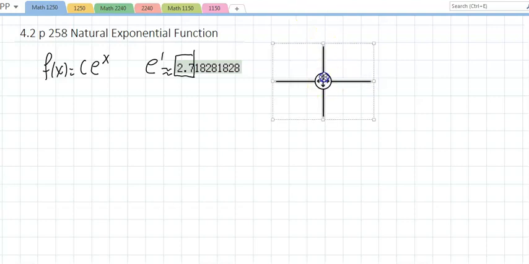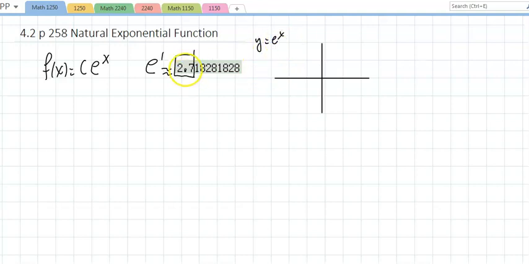at a graph of y equals e to the x, since the base is bigger than 1 from the previous section, I know that's exponential growth.